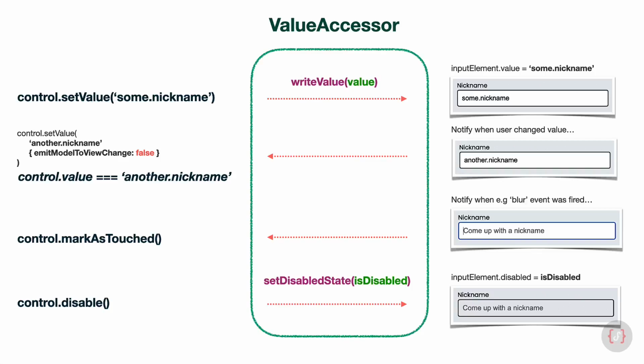The changes from the view to model are being done in slightly different ways. When the form control is being set up during the ng model or form control name directive initialization, the value accessor's registerOnChange method is being called. It happens only once during the form control lifecycle.